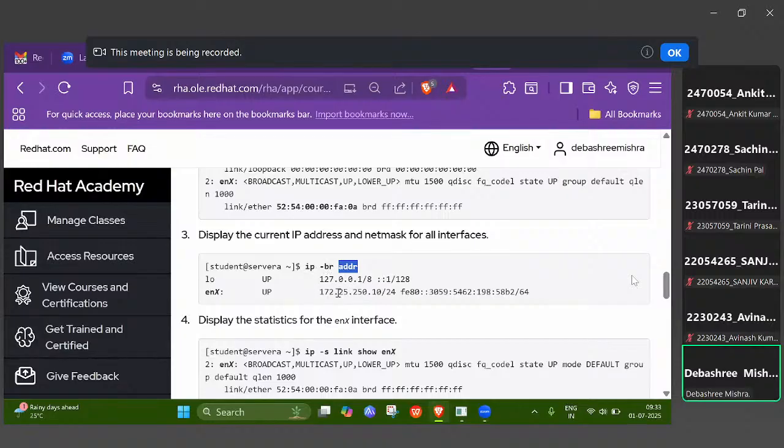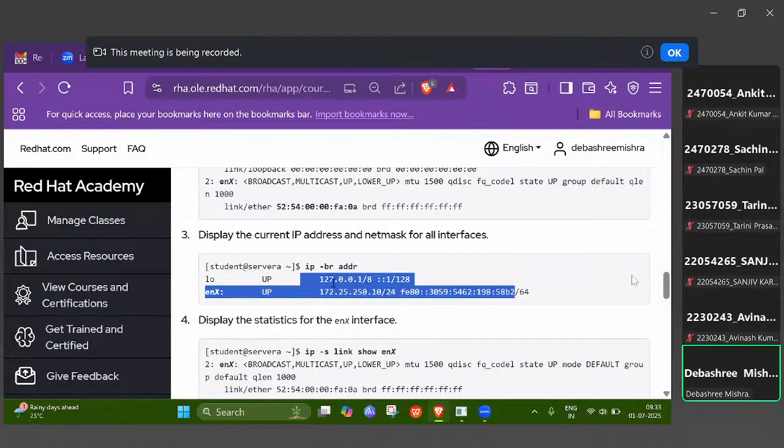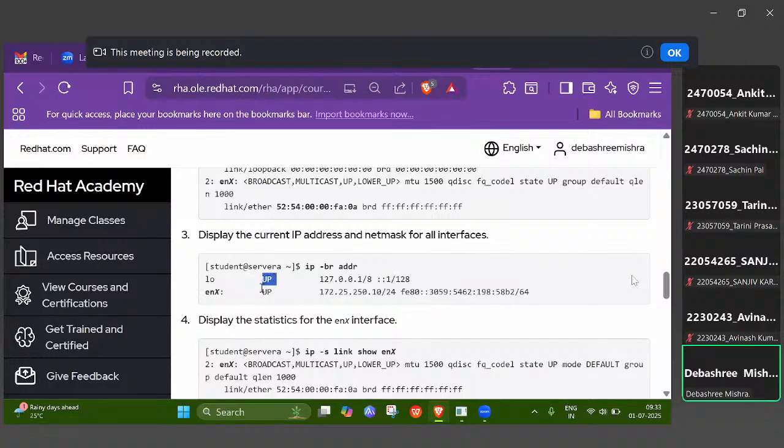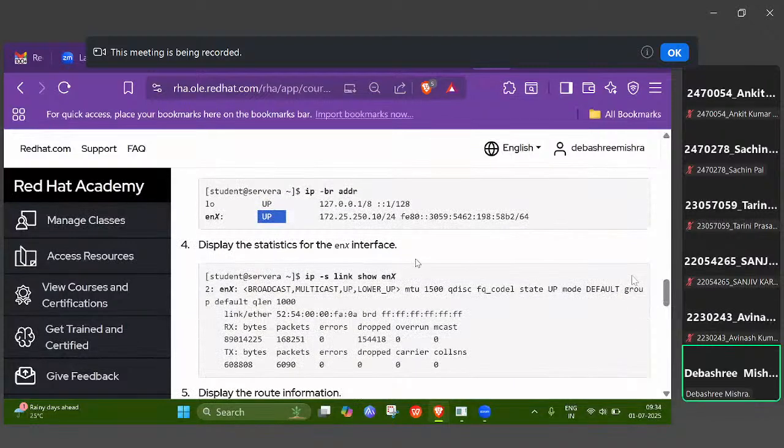It will show you the address, and you need to use the option -br, and it can show you the IP address and netmask address. Up means right now it is activated, right? It is working. Down means it is not in active mode. So these are the two states you need to remember.